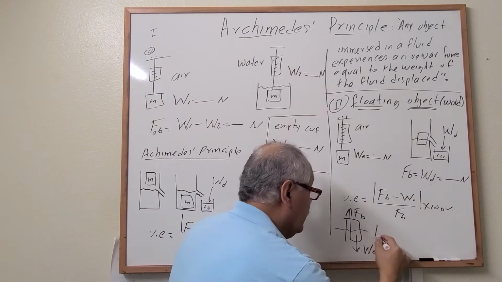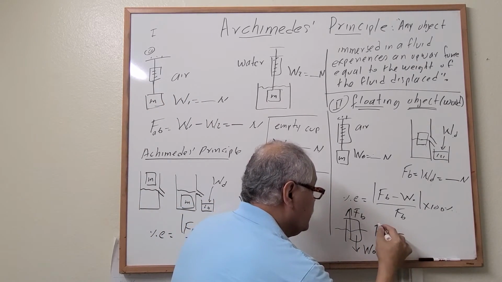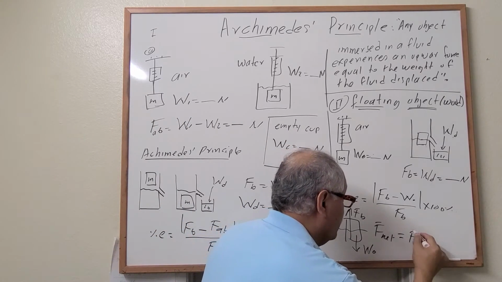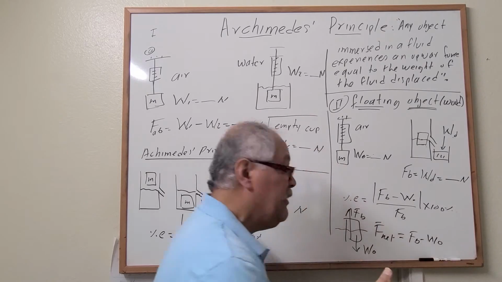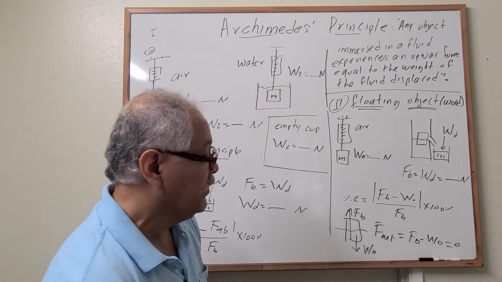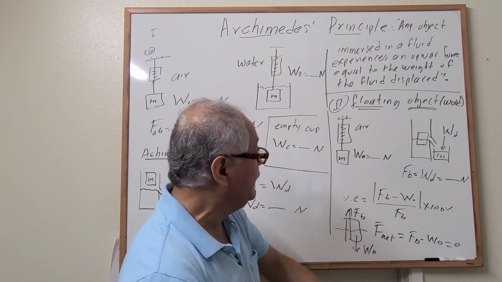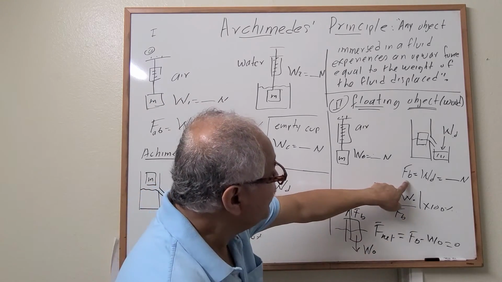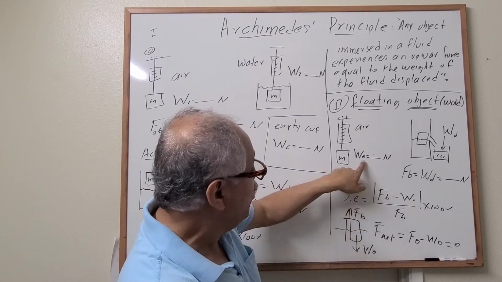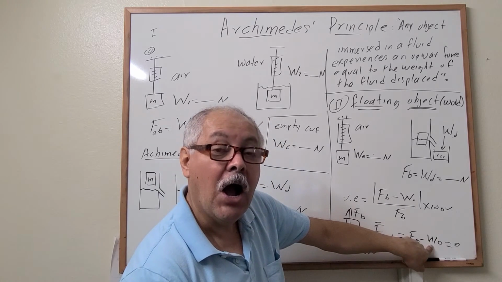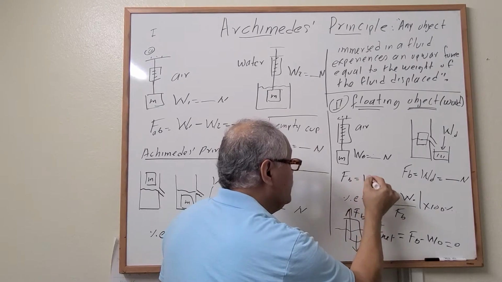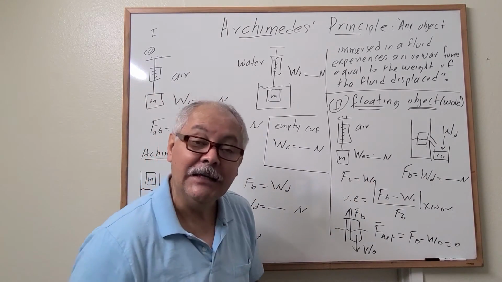Now let's apply Newton's second law. The net force is equal to the sum of all the forces. In this case, it's buoyant force minus weight, and because it's in equilibrium, the net force is 0. From here, we can find that the buoyant force is actually equal to the weight of the object in air.